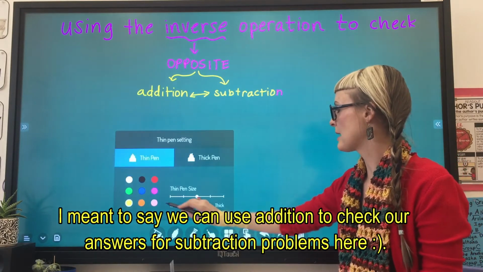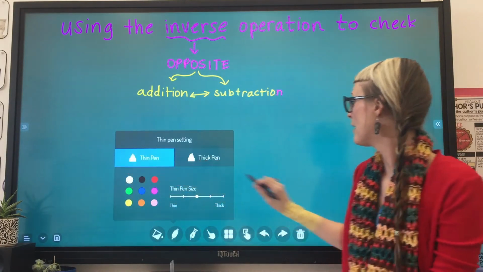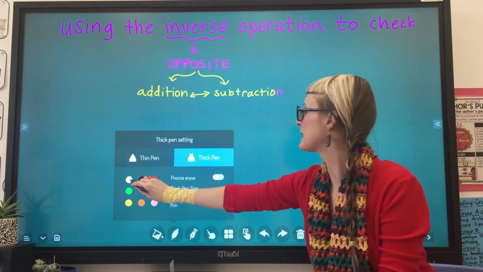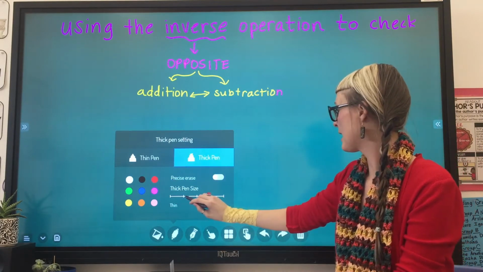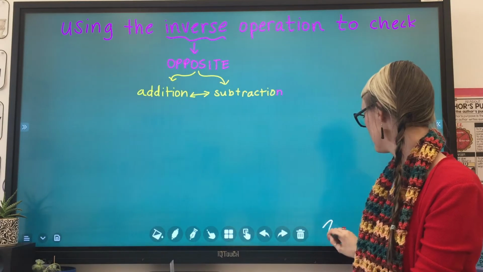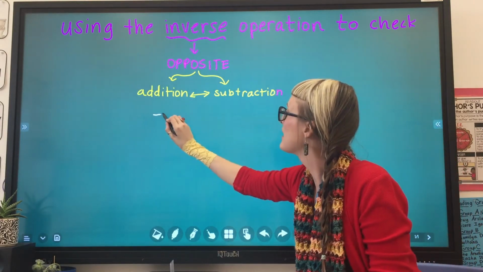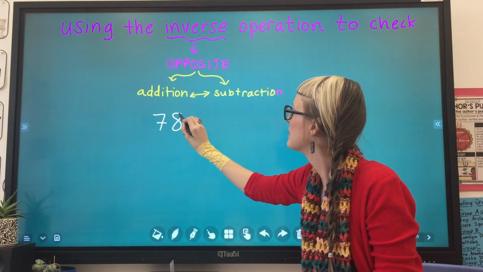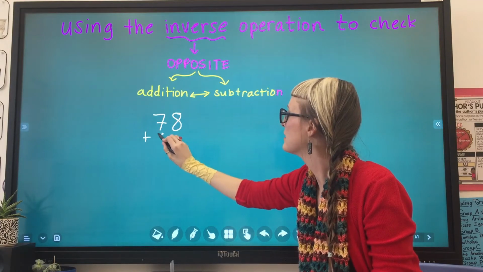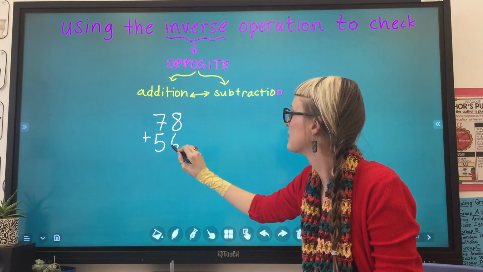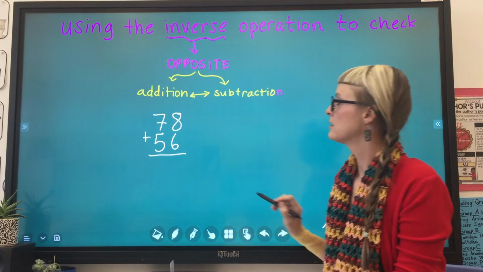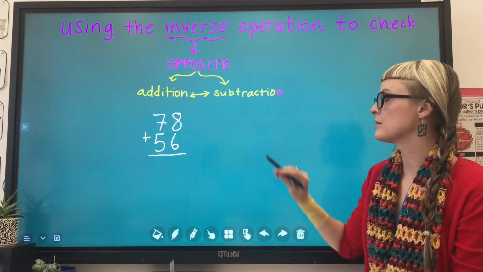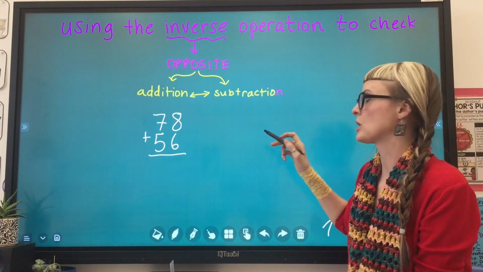So we're just going to do an example. Let's see. So I have 78 plus 56. So I'm going to go ahead and solve this with vertical addition.